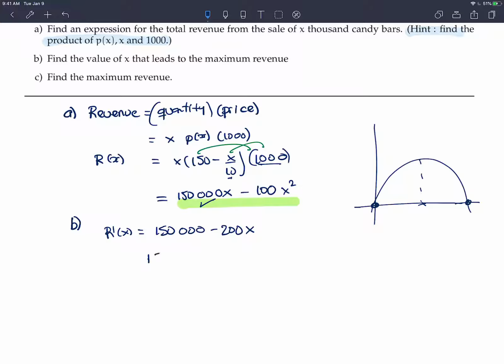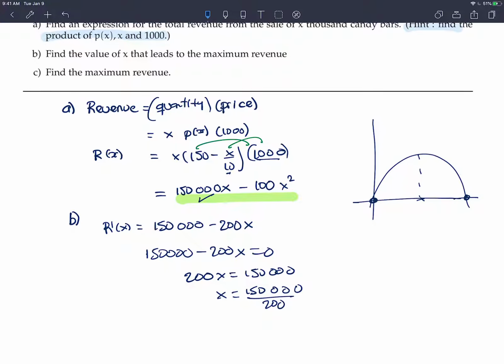We set this equal to 0, and I end up with 200x equals 150,000. So x is 150,000 over 200, which gives us 750. That's the value of x that gives the maximum revenue.